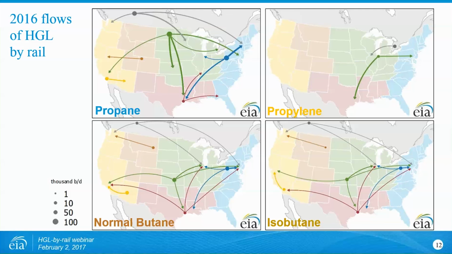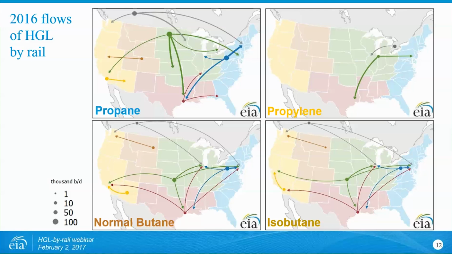So even if there were an aggregate number, which we don't know because we don't survey this, this is data shared with us by the Surface Transportation Board. But what I can tell you is just as we talk about storage capacity, the number of rail cars doesn't necessarily translate into how many of those rail cars are dedicated to a particular product at a particular time, because many of them can be repurposed, as can be the case with storage caverns and so forth.